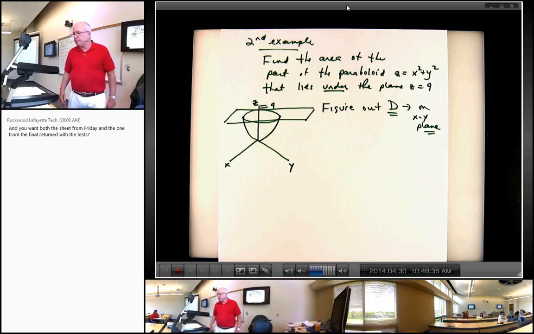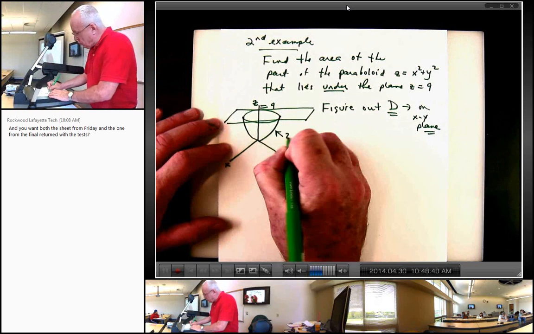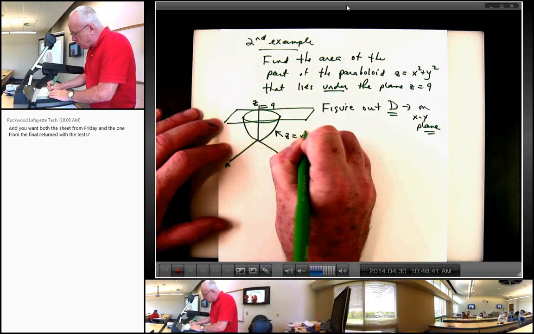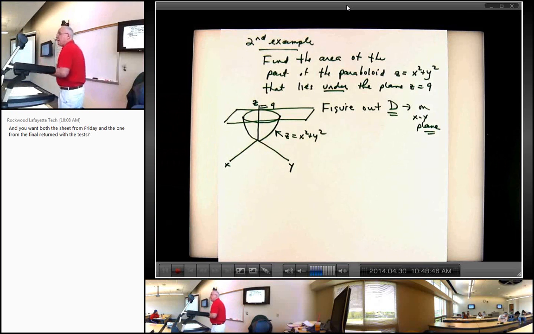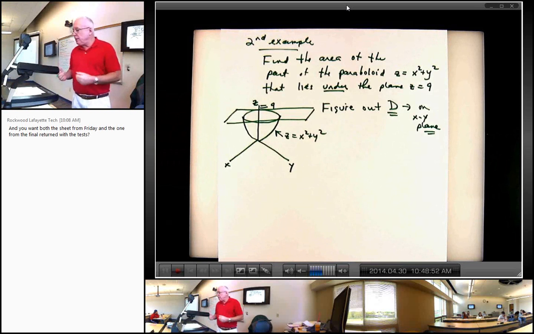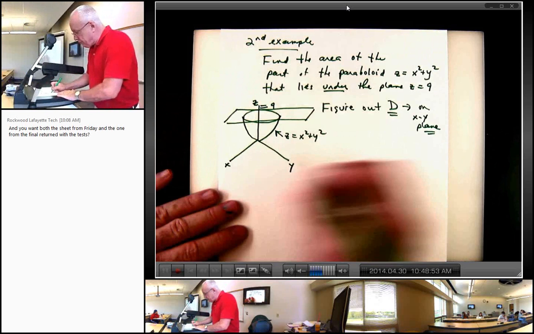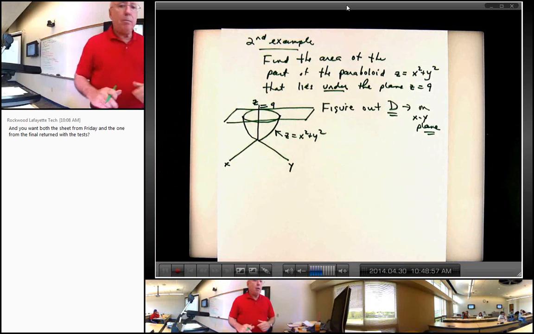Now this thing, its equation is z is equal to x squared plus y squared. Then it hits that plane z equals 9. And that's all we're interested in. So we have to figure out what we're talking about down here on the XY plane. So how might I figure that out?